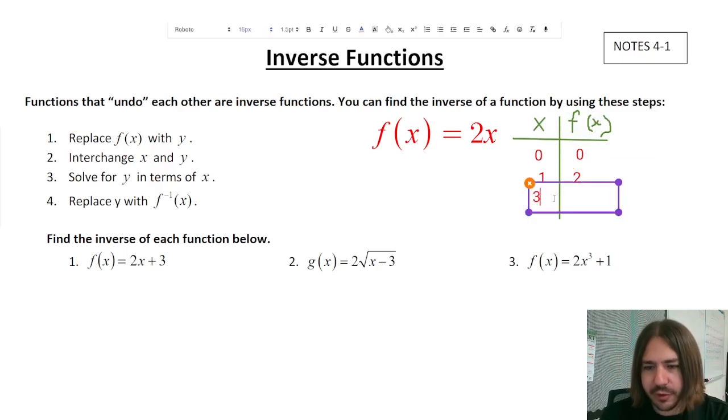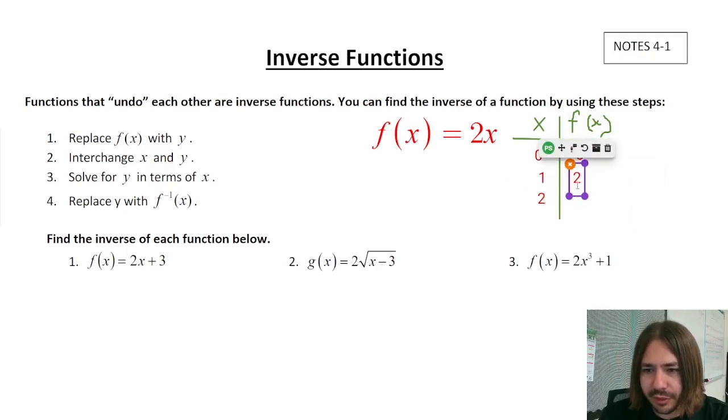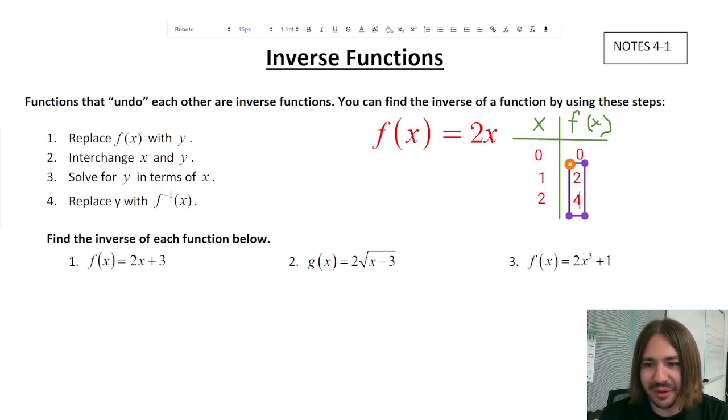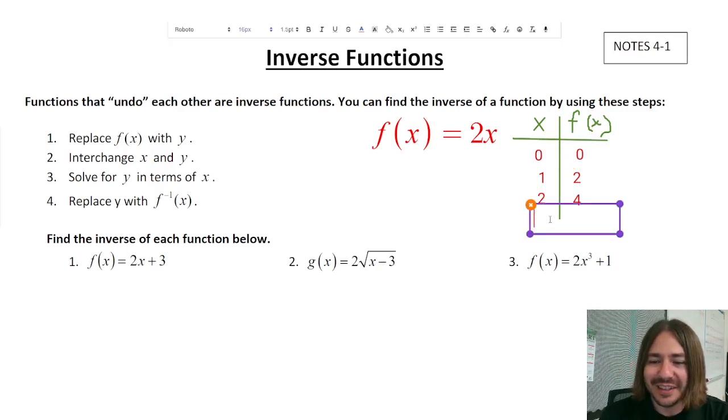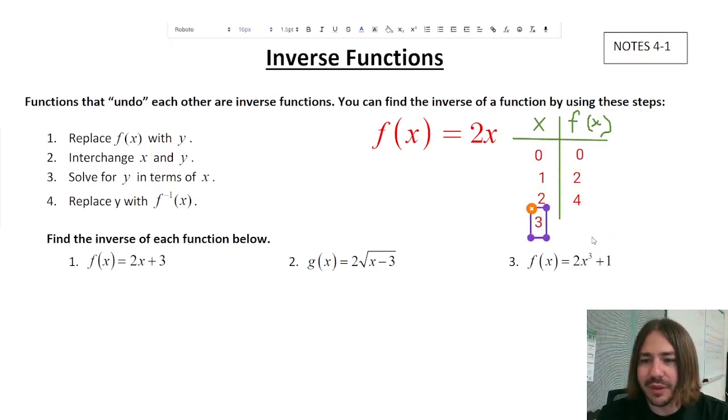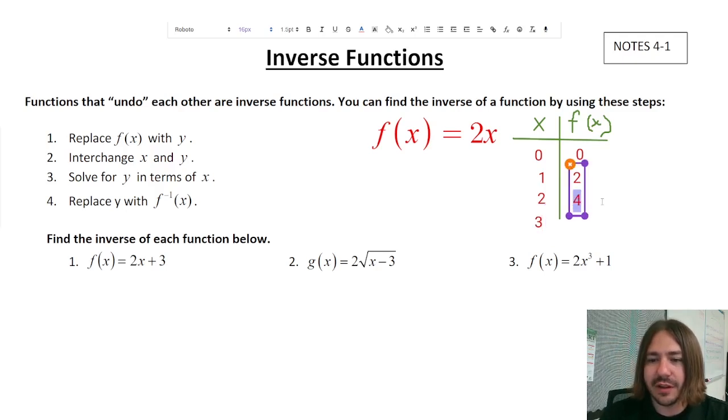If I input 2, my output will be 4. If I input 3, my output will be 6, and so on. So whatever the input is, the output gets doubled, right? This is just a real simple function.